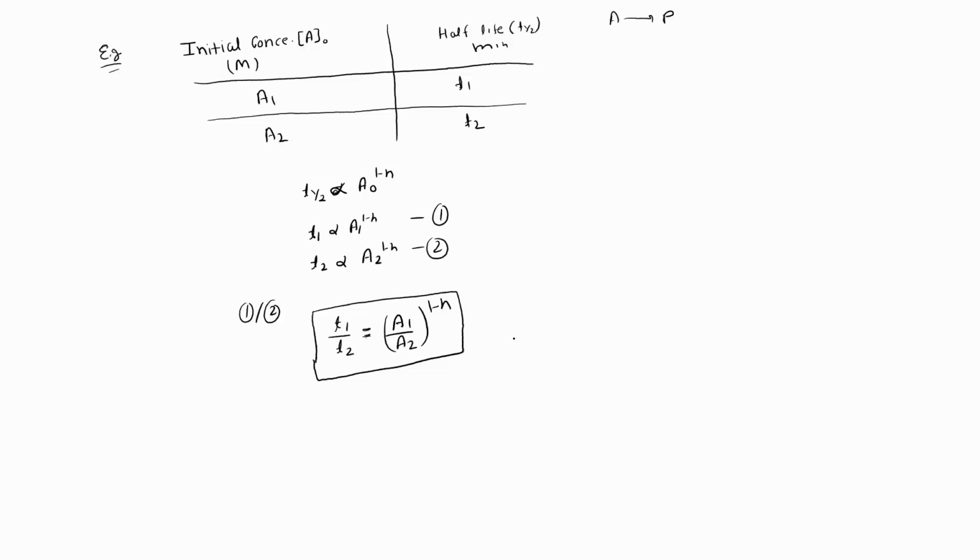If data is given as the concentration of reactant and time, not half-life and not initial concentration, then you have to use the integrated rate law method. And if the data is given in a graphical manner, then it is very simple: you have to use the graphical method to know the order of reaction.